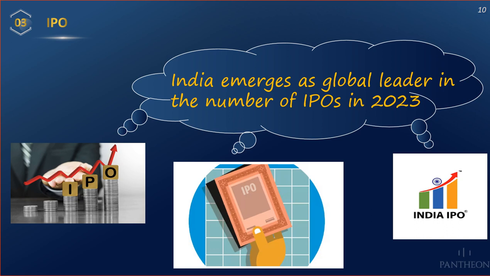Okay, according to a report by Ernst & Young, in 2023, India became the country with the highest number of IPOs globally. The report also shows that in the third quarter of 2023, the primary market in India launched 21 IPOs, a sharp contrast to the 4 IPOs in the same period of 2022.